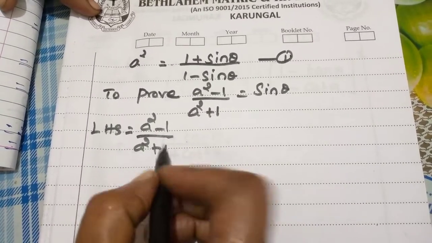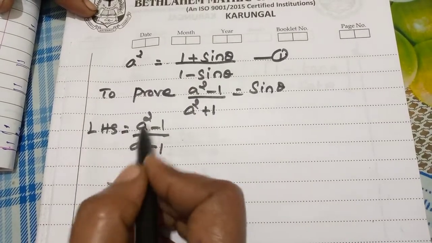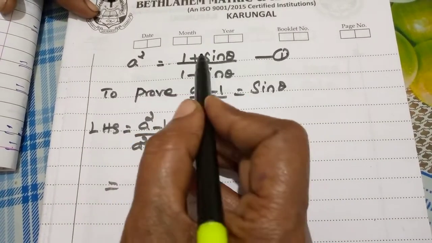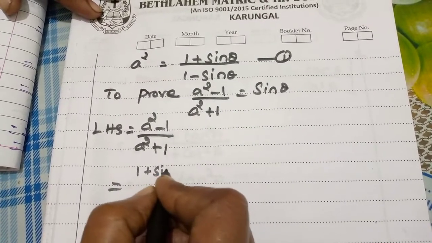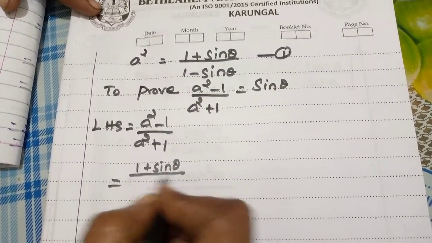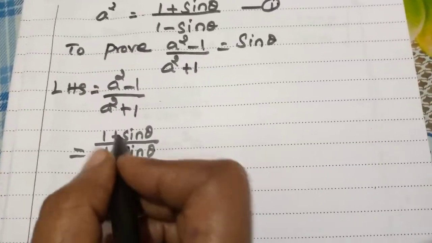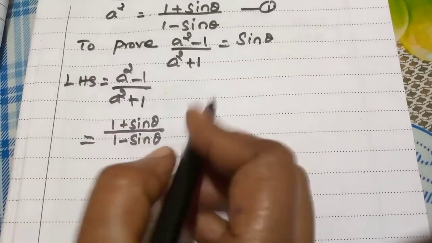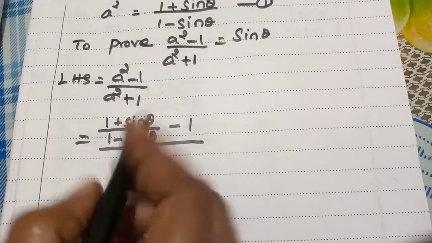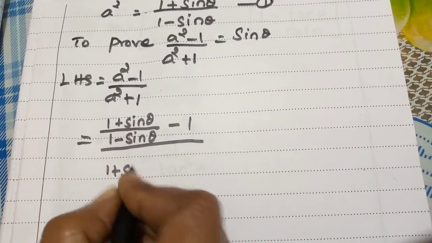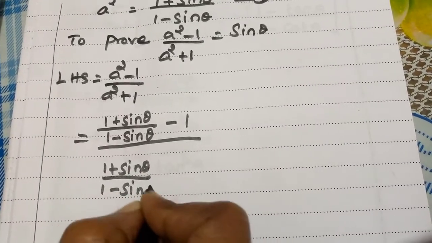In place of a square, we can use this value, 1 plus sin theta by 1 minus sin theta. Then minus 1 is there, divided by the denominator, also a square plus 1. So 1 plus sin theta by 1 minus sin theta, plus 1.